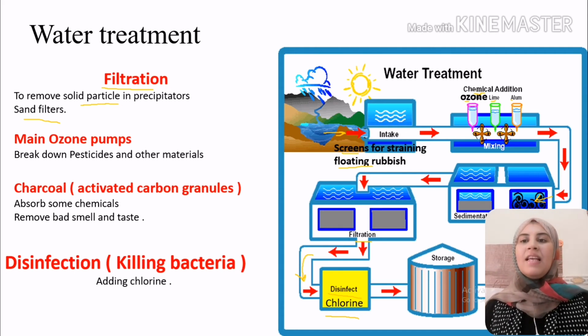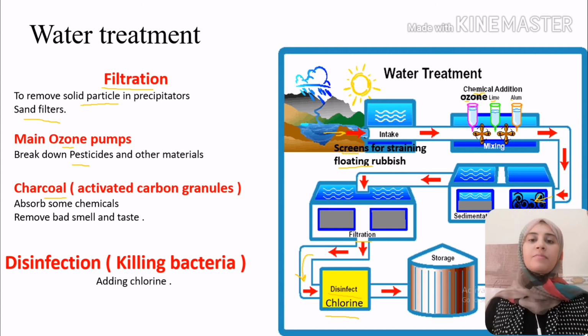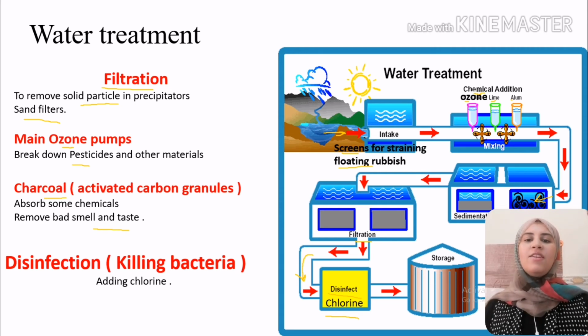So we can say that we add ozone to break down pesticides and other materials. We have charcoal. Charcoal is added to remove any bad taste and smell in water, to remove chemicals. And chlorine is added for killing bacteria.